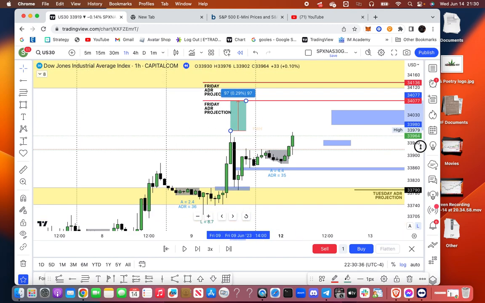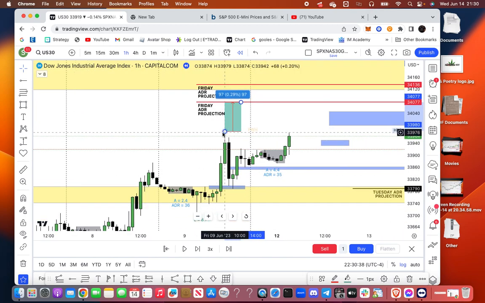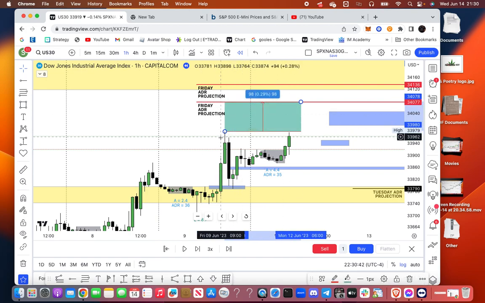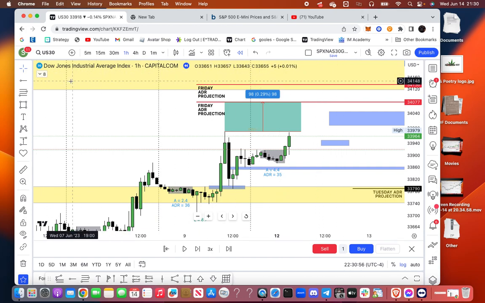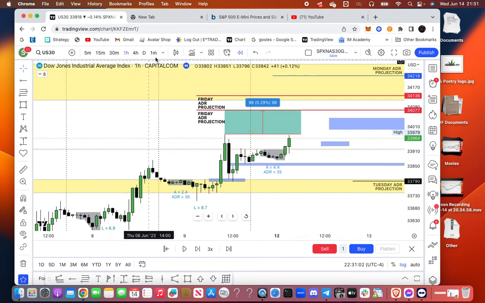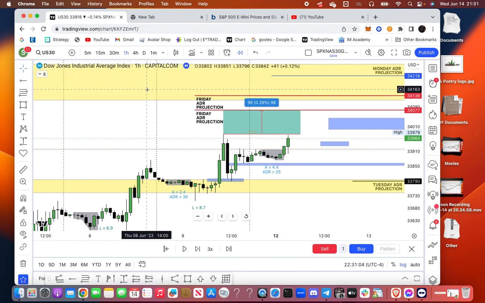So on Monday, if you get a close above this price point, your first TP should be one of your targets, either here or here. If you mark up your 4-hour time frame, you see this yellow area falls into some type of rejection area where the market starts turning around.